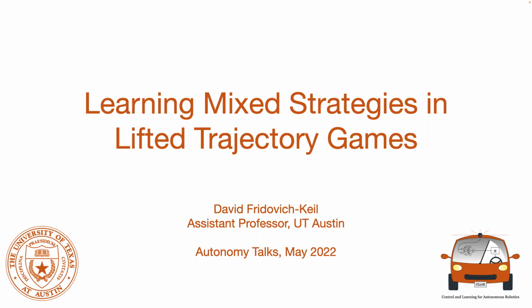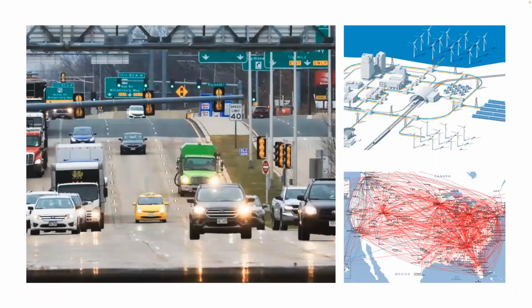Okay. When I talk about games, just to set the stage, I'm often thinking about traffic. So, things like on the left, every car here has some idea of what it wants to do. Every driver wants to maybe make a lane change, make forward progress, whatever.